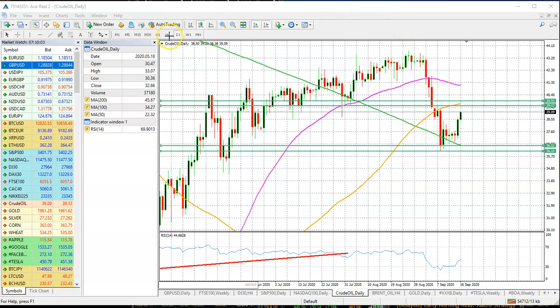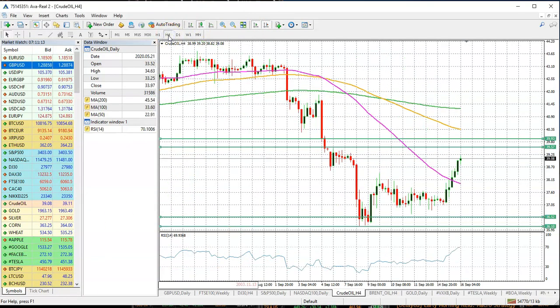In order to do that, we're going to go back to our 4-hour time frame. All you've got to do is click your 4-hour time frame from here. I see that the 100-day moving average on the 4-hour time frame is trading around 40.35. So again, I think this is a better resistance level from that perspective.